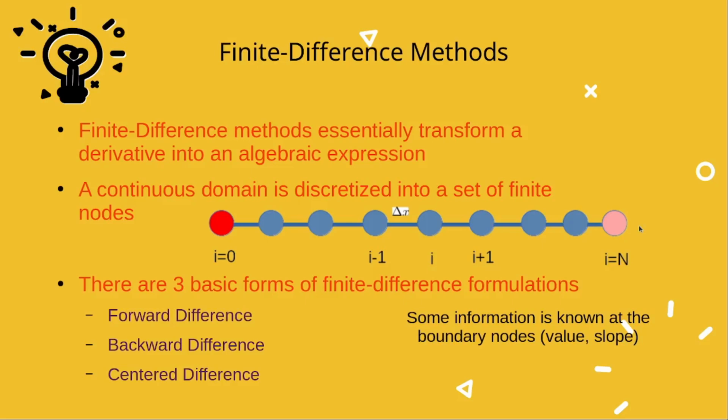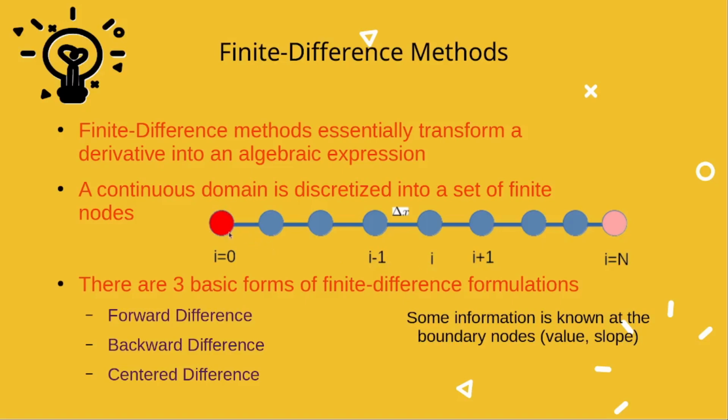Of course, we're not going to call them initial conditions here because they're not set at our inlet node or our first node. Instead, they are set at the inlet and the outlet. The nodes are sequentially numbered starting from node 0, which is our first node, all the way to node n, which is our last node.